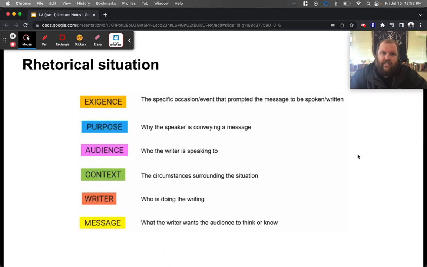Okay. So here's the rhetorical situation one more time for you: the exigence, the purpose, audience, context, writer, message, right? And once you get those, you'll see those a bunch. We will be dealing with them constantly, but those six pieces make up kind of a text and its place in the world.